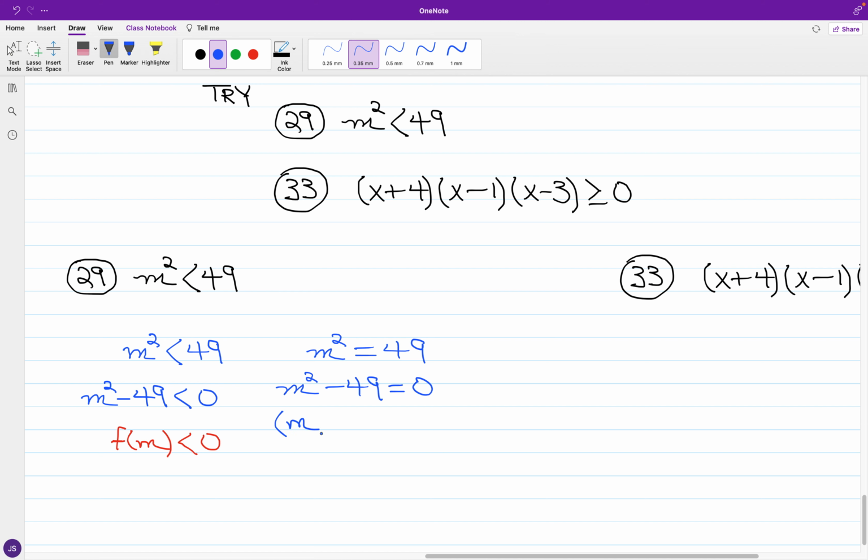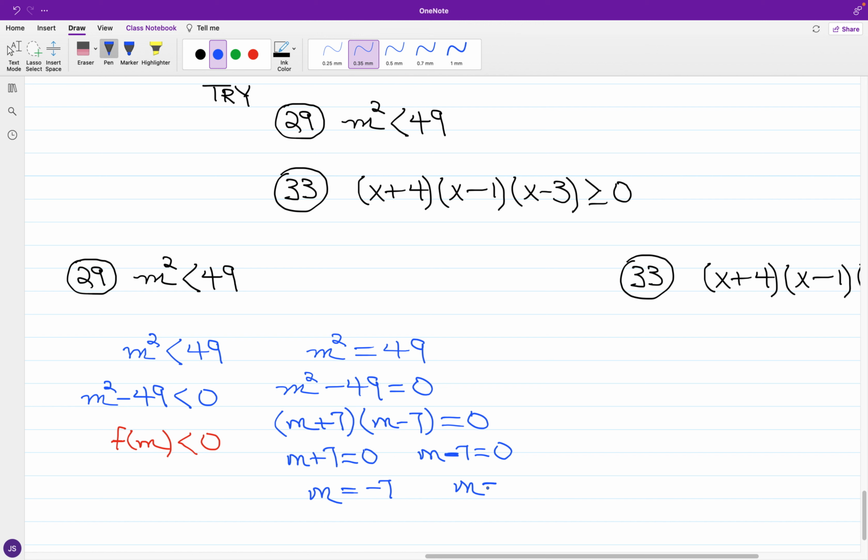So for m squared minus 49, you have a difference of squares, and factoring we have m plus 7 times m minus 7 is equal to 0. For m plus 7 equals 0, we have that m is equal to negative 7. And for m minus 7 equals 0, we have that m is equal to 7.